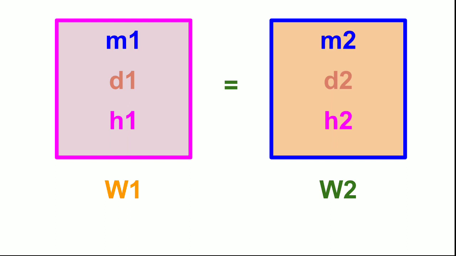Here we can see two sets, that is W1 and W2. W1 is the set of 3 elements, that is M1, D1, H1, and W2 is the set of 3 elements, that is M2, D2, H2.